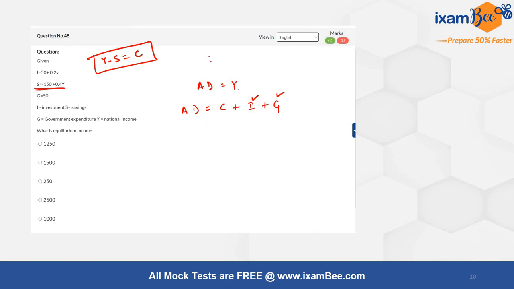So consumption function would be Y minus 150 minus 0.4 Y. So this would be equal to Y plus 150 minus 0.4 Y, which is equal to 150 plus 0.6 Y. This is my consumption function.